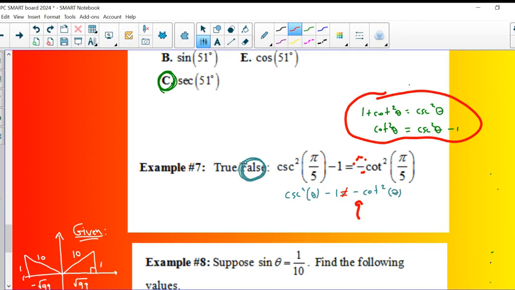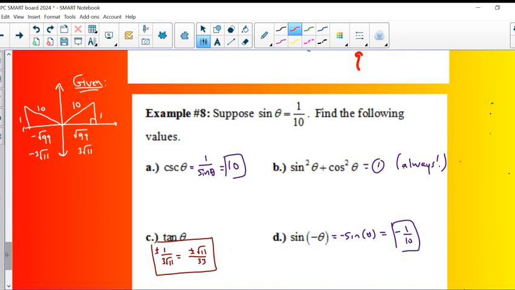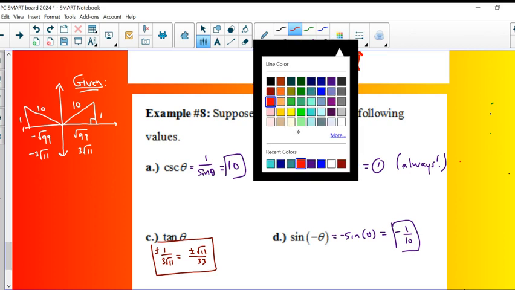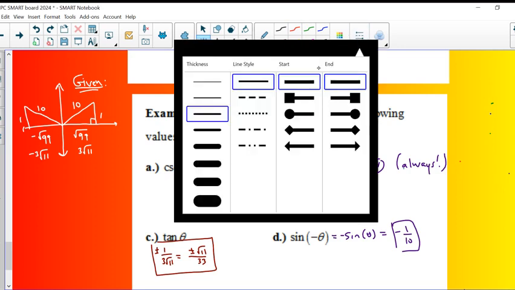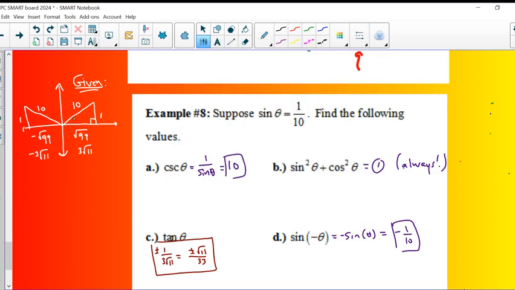Okay, and then 8. I drew the given off in the left margin. If sine of theta is 1/10, I drew 1/10, and that means your theta could be in quadrant 1, could be right there.